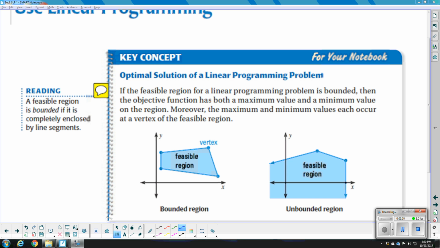So in a bounded region, you have both a minimum and a maximum related to your objective function. And with an unbounded feasible region, you have either a minimum or a maximum.